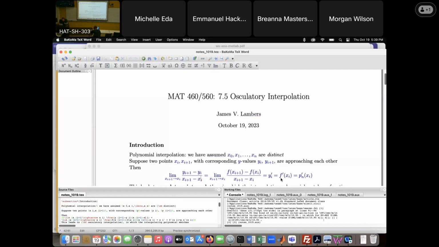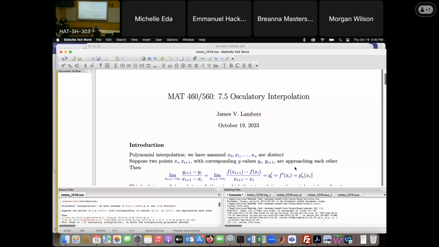But because the interpolating polynomial also associates these y values and these x values, this difference quotient is also converging to the derivative of the interpolating polynomial at x_i. So the main thing to take away from this is this equality here: when two distinct interpolation points approach each other, in the limit, not only does your interpolating polynomial agree with f at the x values, its derivative agrees also.